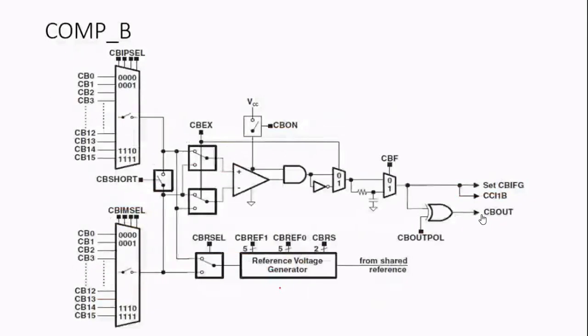Now you can see the block diagram of comparator B. Try to understand it carefully. Starting from the input terminals, these two multiplexers are used for providing the input to the comparator.